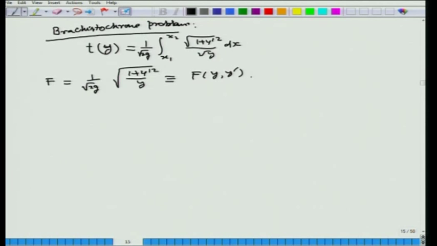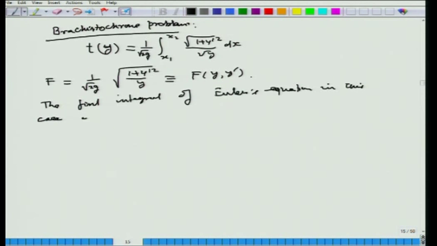So, the first integral of Euler's equation in this case is f minus y prime f y prime equal to C 1.